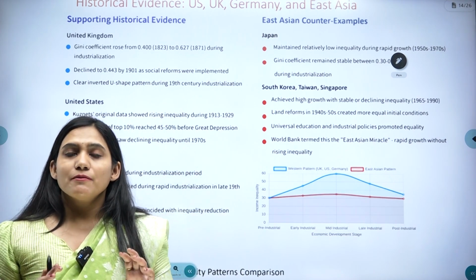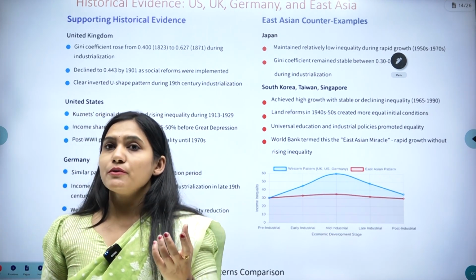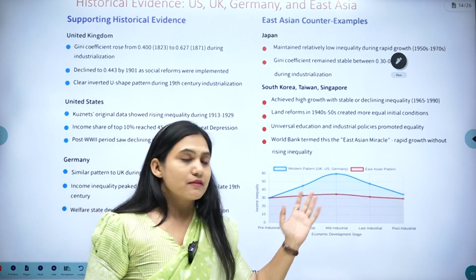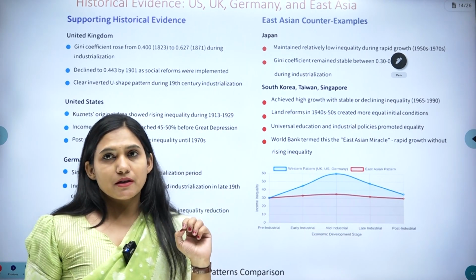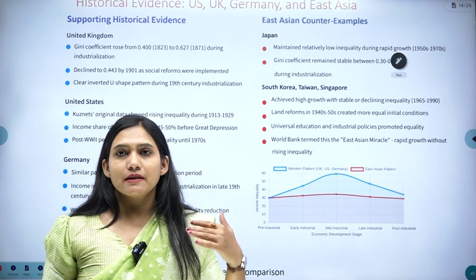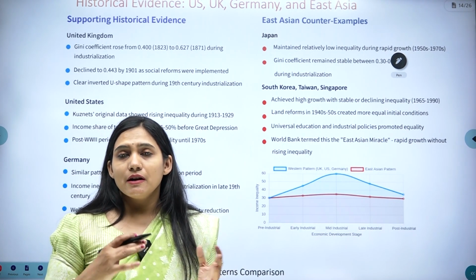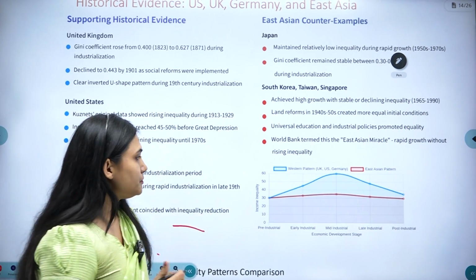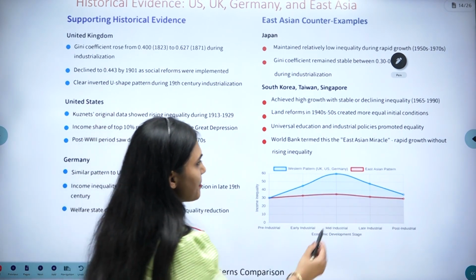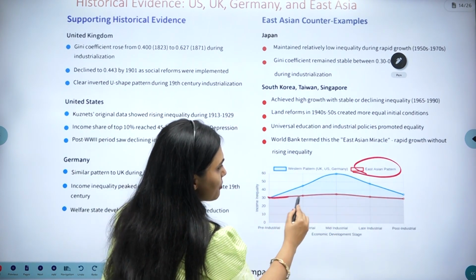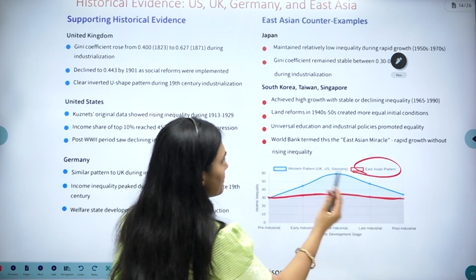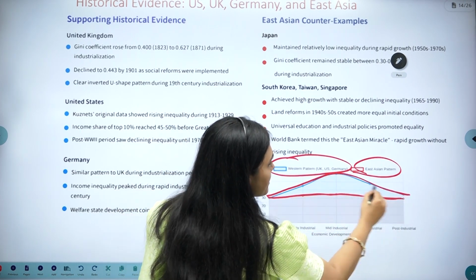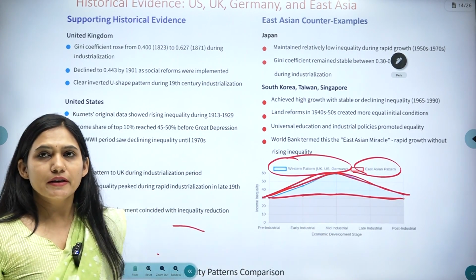They did not wait for economic development to reach its peak, due to which there was no such observable U-shaped curve. So the income inequality did not reach its top. Okay, so you can see here the East Asian pattern, where there was not such a prominent U-shaped curve, whereas in the Western pattern, US, UK, Germany, you can see that a prominent inverted U-shaped curve is observable.